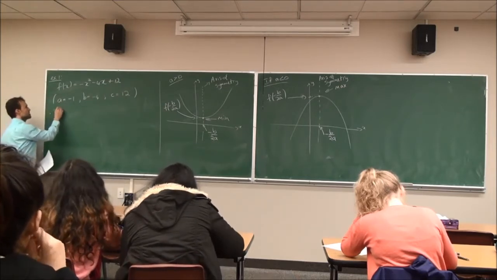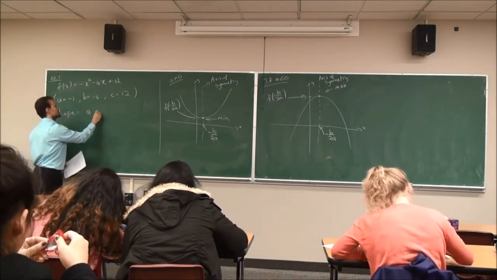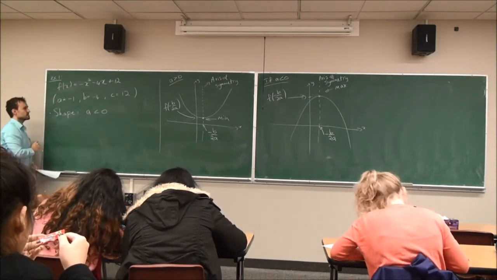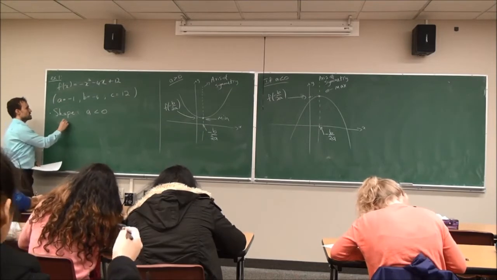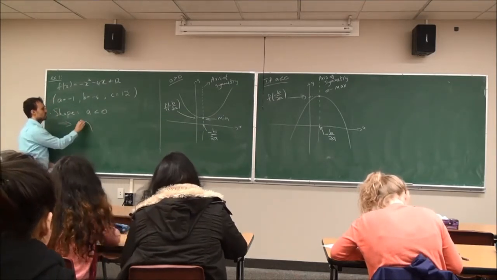First thing I do is try and determine the shape. Well, a is negative, a is less than 0. That means that I'll have a parabola pointing down.